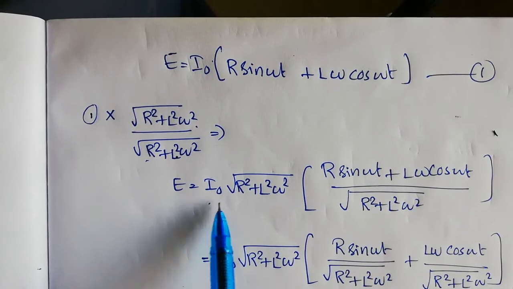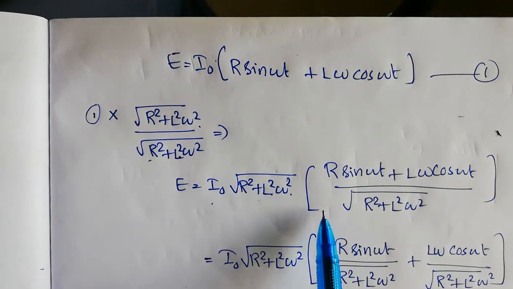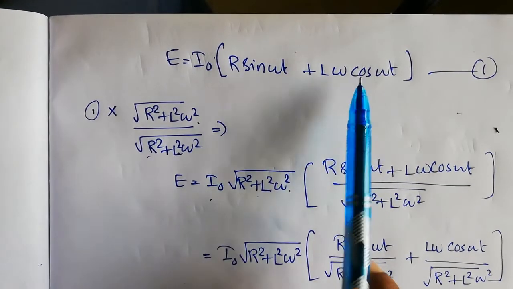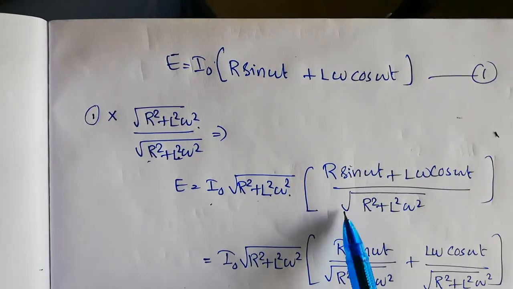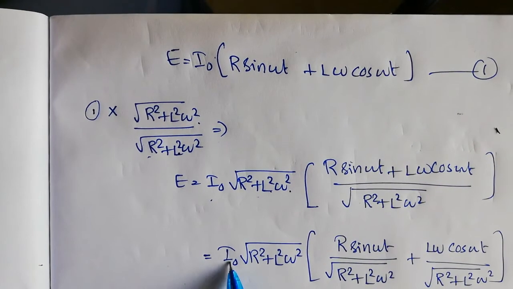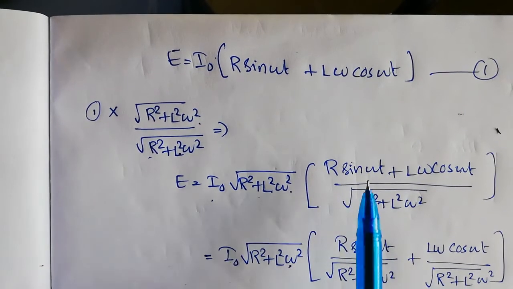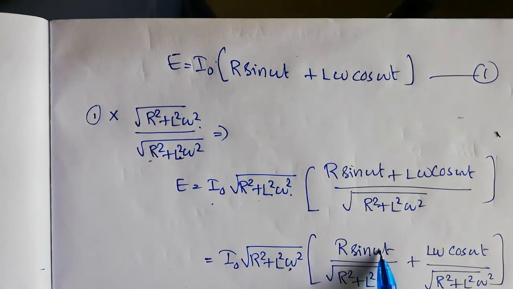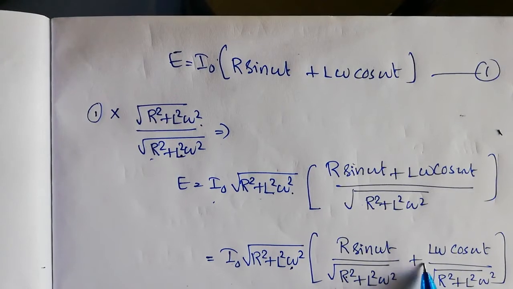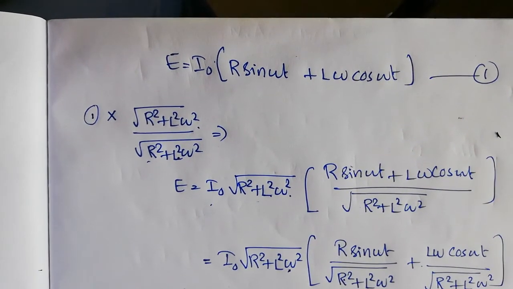That is, we can write it as I0 root of R square plus L square omega square into (R sin omega t plus L omega cos omega t) divided by root of R square plus L square omega square. That is, I0 root of R square plus L square omega square into, we can split this term as R sin omega t divided by the denominator plus L omega cos omega t divided by this denominator term.